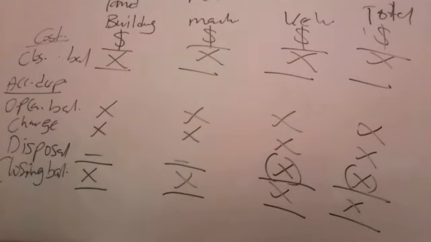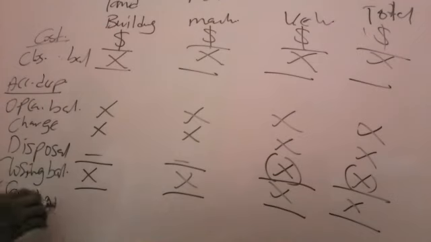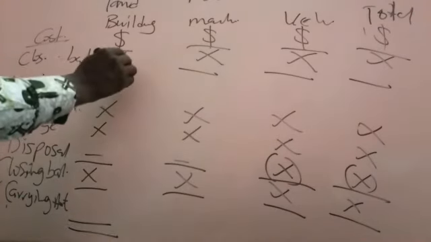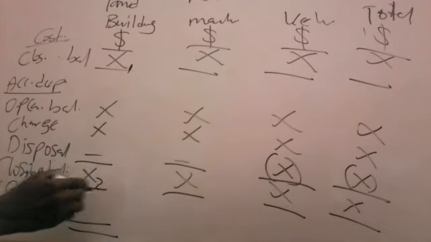Then you relax and come back again for the carrying amount. Finally, we record the carrying amount here. The carrying amount will be, if you take the cost, subtract the accumulated depreciation from it.